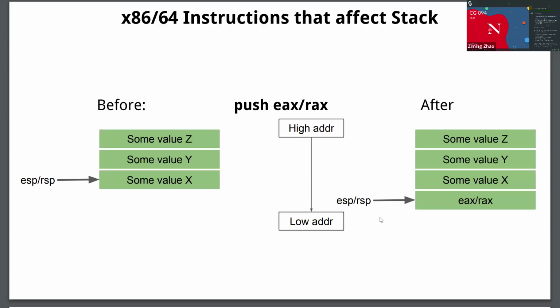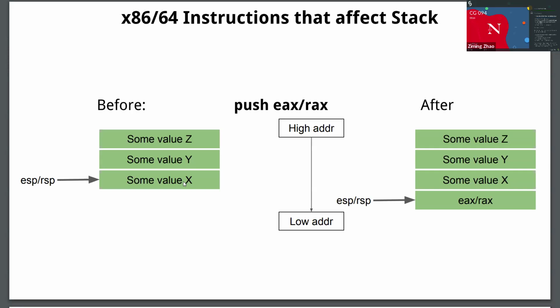Let's start with push. This instruction works on both 32 and 64-bit. The instruction here is push EAX. Let's say this is what our stack looks like. Value Z is at a higher memory address, X is at a lower memory address. At this point, ESP points to the value X. Now we execute the instruction push EAX.